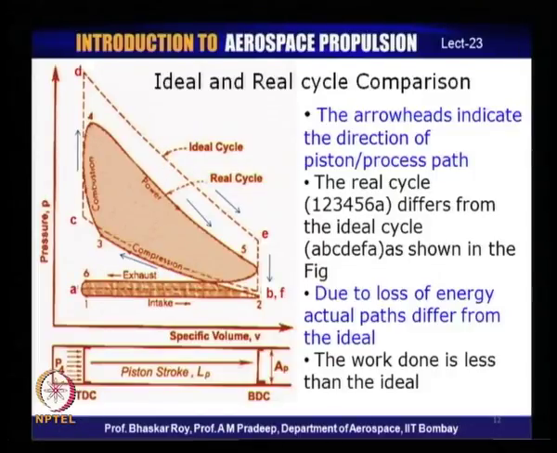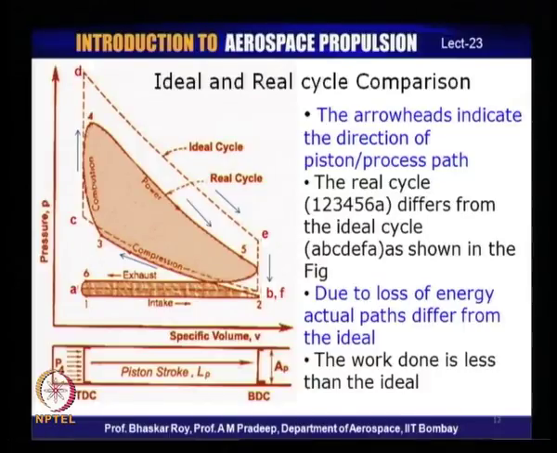The difference is, for example, you can see the net area that is created by the real cycle seems to be substantially less than the net area that was being created by the ideal conceptual cycle.